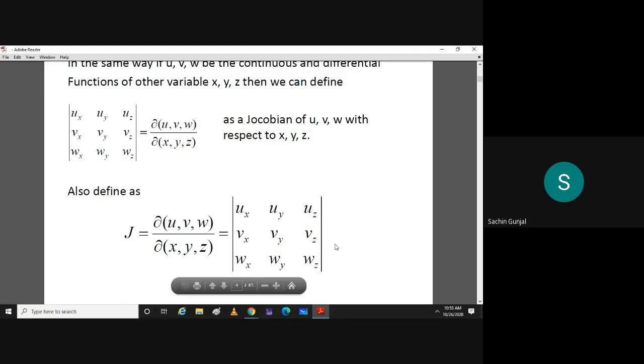So note down this definition for three variables. We'll go ahead with this. Please write it fast.